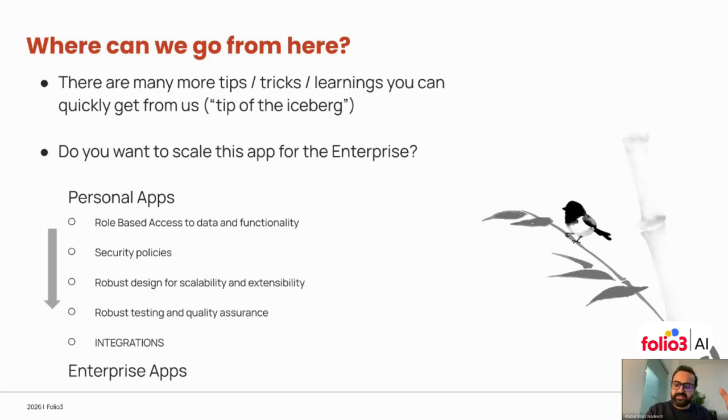You move from a personal application to enterprise, you add multiple role bases from management to manager to lower staff members with access control functionalities on what type of data needs to be shown to what type of role of users. You add security policies, you enhance the design and architecture from backend and front end perspective, and then you test the application, and finally you integrate it with different healthcare and external systems. And that's where Folio 3 and similar companies come in with certain expertise.